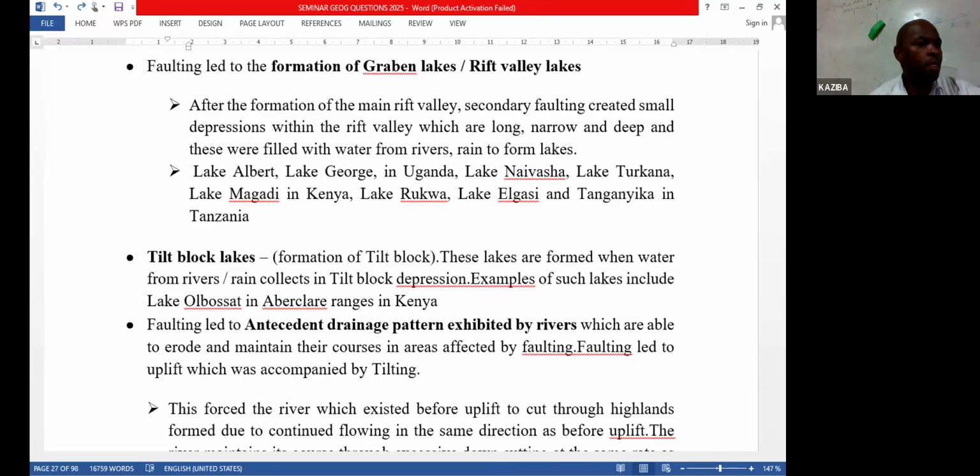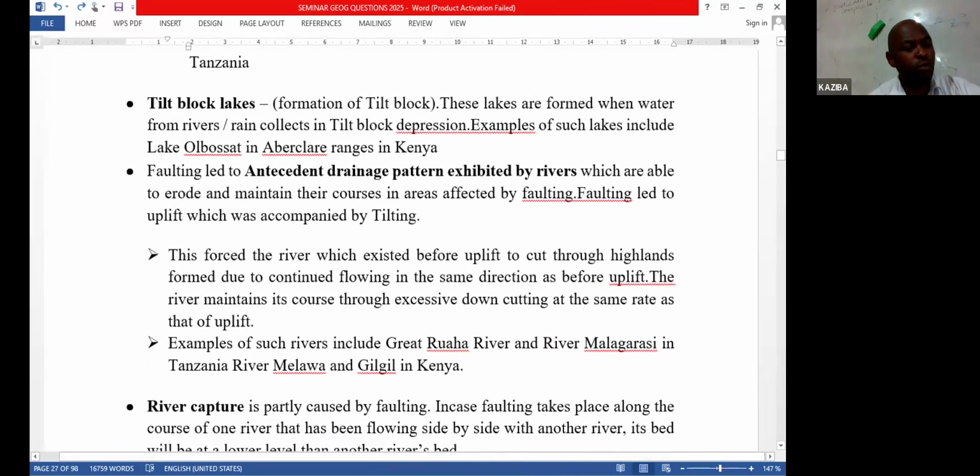Then I don't know whether I said about types of drainage, but there is what we call antecedent drainage pattern. An antecedent drainage pattern is where there was a river flowing, then land is uplifted as a result of faulting.